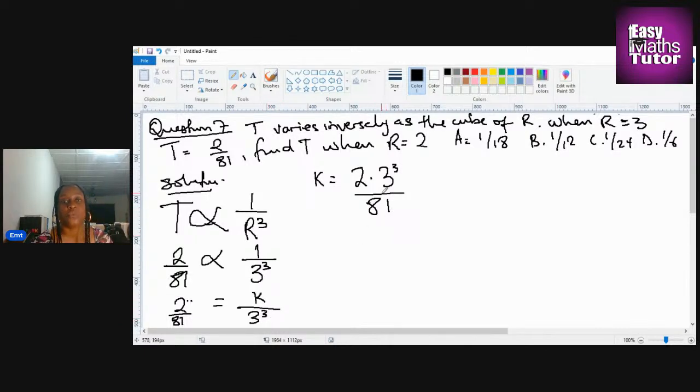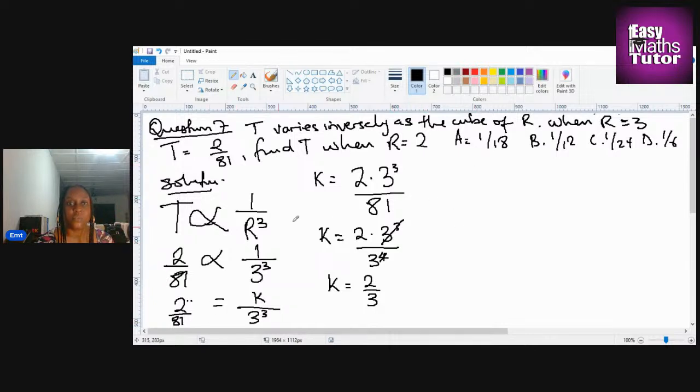So what do we have? k is equal to 2 times 3 raised to power 3 over 81, and we know that 81 is 3 raised to power 4. So this will cancel this, giving us k equal to 2 over 3.